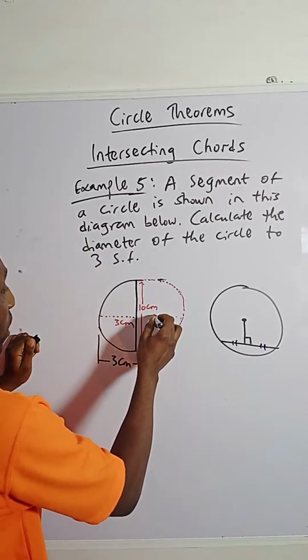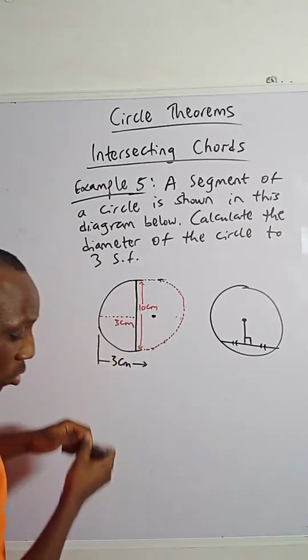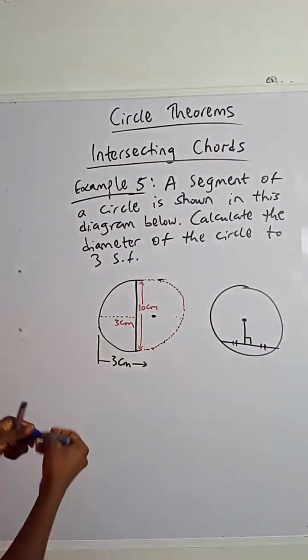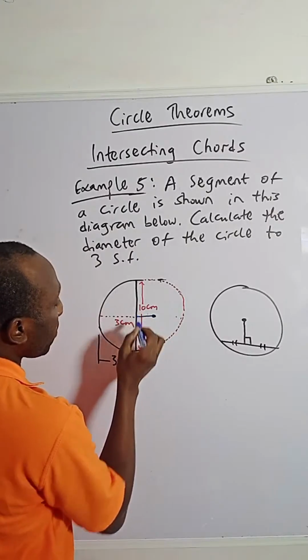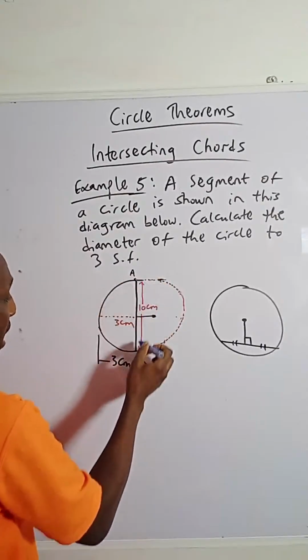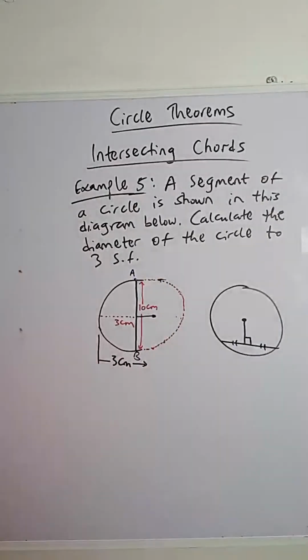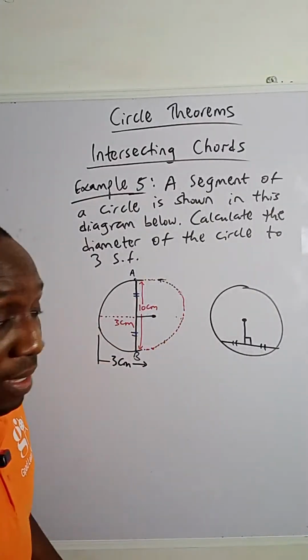So if this is the center of the circle, and we draw a line from the center to this chord, it will bisect it. Let me call this A and B. From A to B is 10. Then this line and this line will be equal.